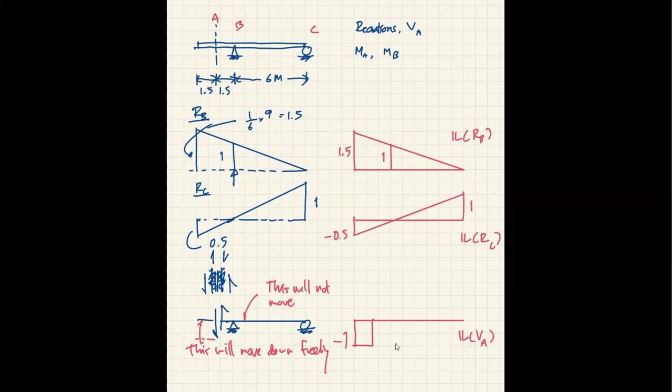Because when you go back and look at this beam, you see the only way for you to have a shear at A is when the load is traveling around the left side of A. If you apply the load here, this load will not shear this part off, right? The only way that part A can be sheared off this structure is when there is a load somewhere on the left side of it.